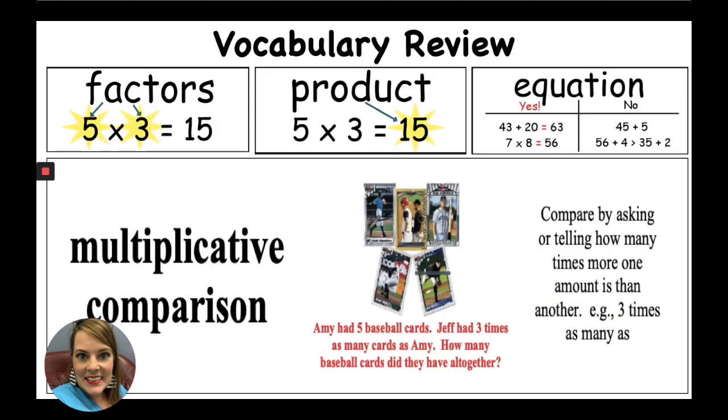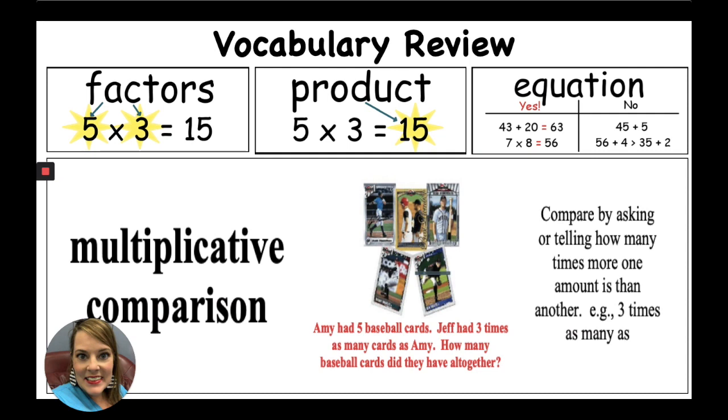First, let's review the vocabulary that you need to know in order to solve our problems today. Factors. Those are numbers that are multiplied together to get the product, which is the answer to a multiplication sentence. That multiplication sentence is called an equation, which is a mathematical statement that uses an equal sign to show that two expressions have the same value.